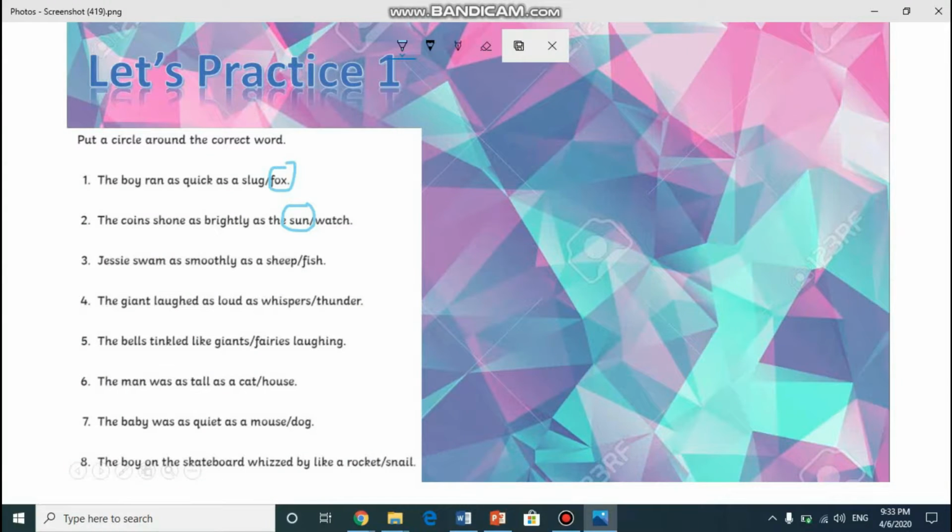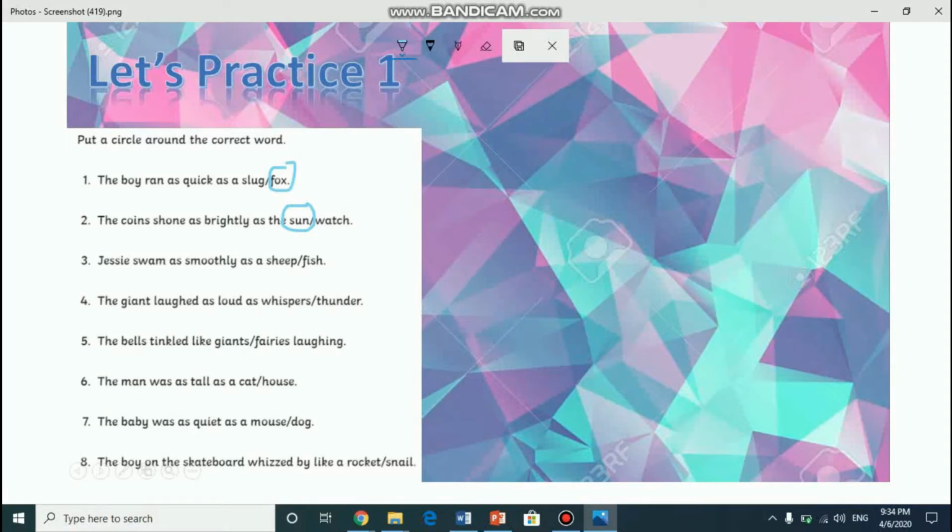Now, continuing to sentence number three, I have Jessie swam as smoothly as a sheep, or Jessie swam as smoothly as a fish. So, guys, if I want to consider a sheep, usually the sheep does not swim and it does not go in water, it doesn't know how to swim, whereas the fish lives in water.